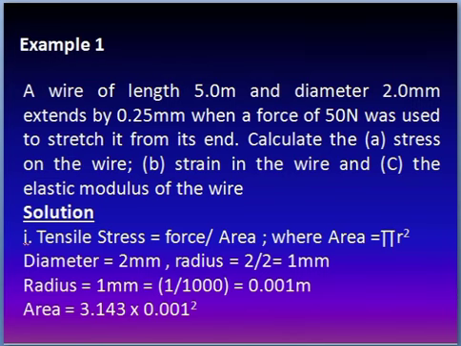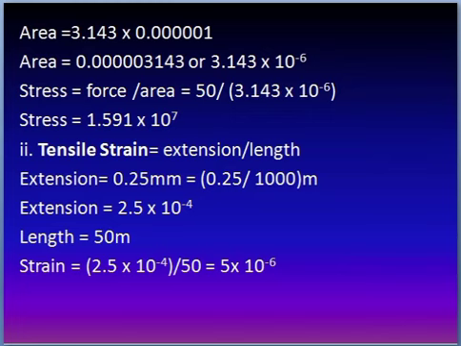And when that is done, we have our radius as 0.001 meter. If we recall, our area equals pi r squared, where pi is equal to 3.143, and our radius is given as 0.001. By substituting, we have 3.143 times 0.001 squared. 0.001 squared will give us 0.000001.